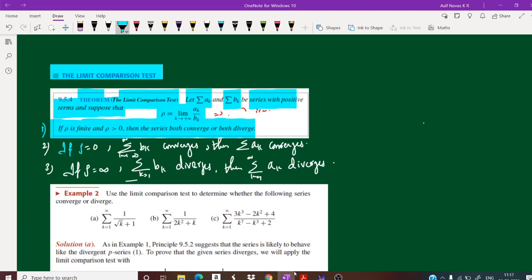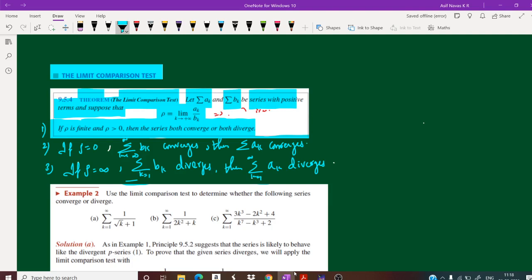Now second, if this limit rho is equal to 0, then if sigma bk converges, then sigma ak converges. And third, if rho is equal to infinity and sigma bk diverges, then sigma ak diverges.